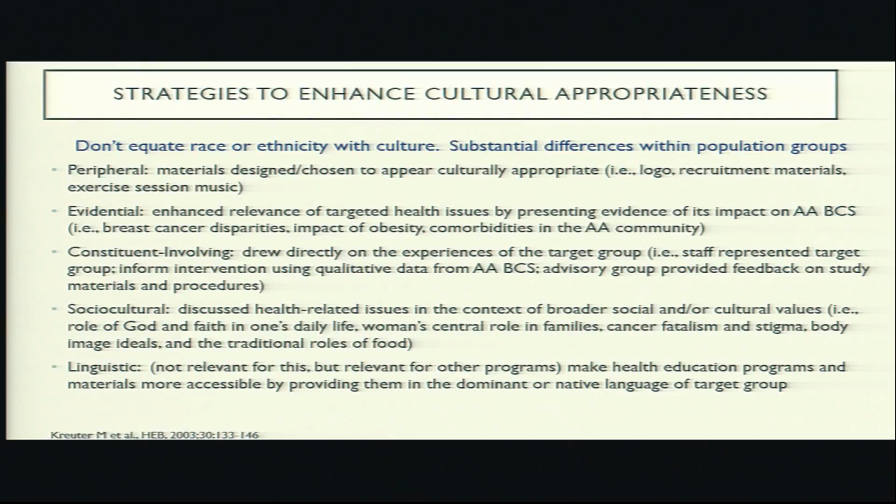So as we enhanced the intervention, we focused on strategies that are called peripheral, so materials were designed to appear culturally appropriate; evidential, we presented evidence on breast cancer and obesity; constituent involving, African-American breast cancer survivors and stakeholders were engaged from the very beginning of even thinking about the intervention; and sociocultural, we honored within this population that we recruited things that were important to them, including the role of God and faith, cancer fatalism. And linguistic was not relevant for this, but it was relevant for other programs.